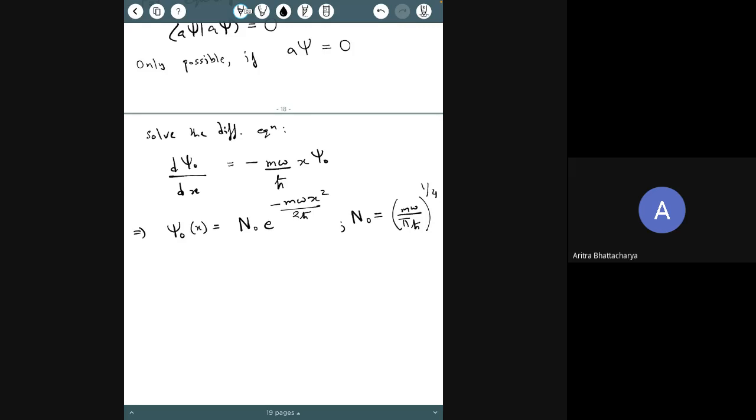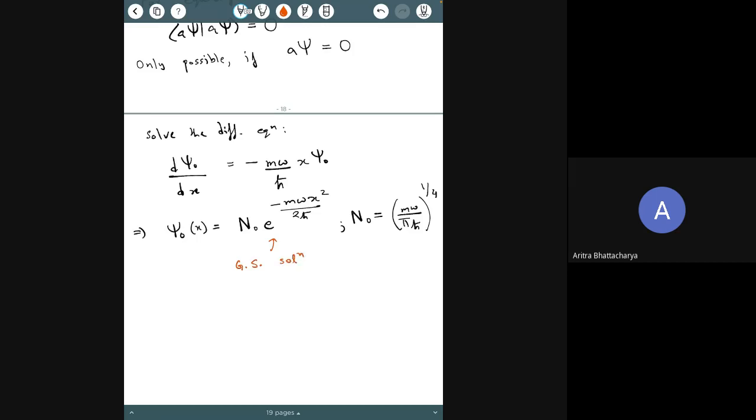Okay. So this is then my ground state solution. And when I act A on it, it will become 0. And if I act A dagger on it, then I will get the higher excited state. So this is the ground state solution.